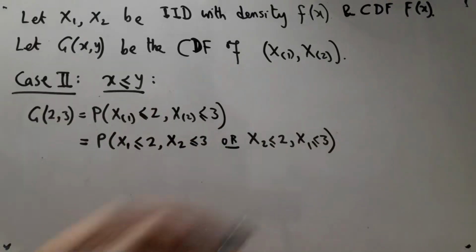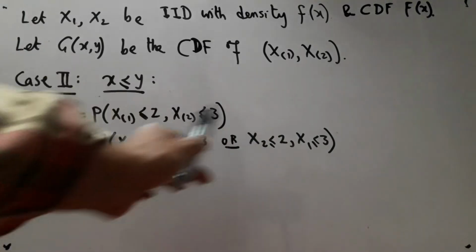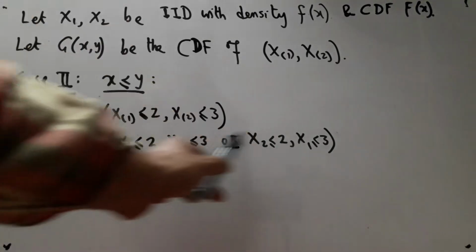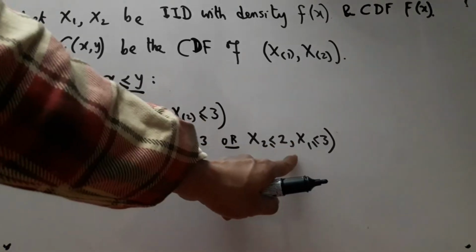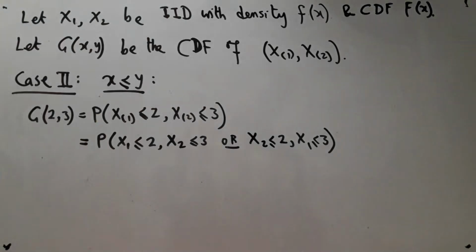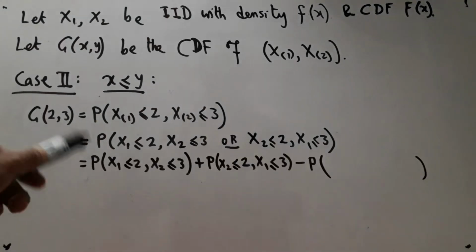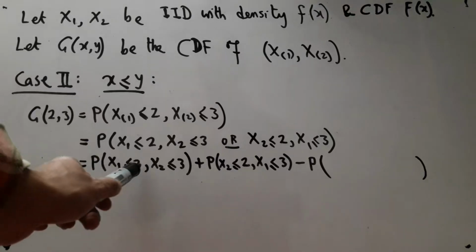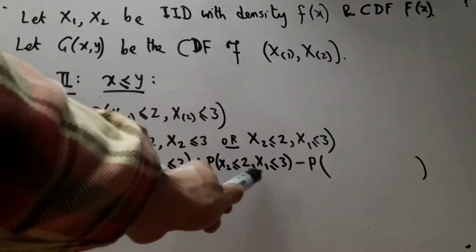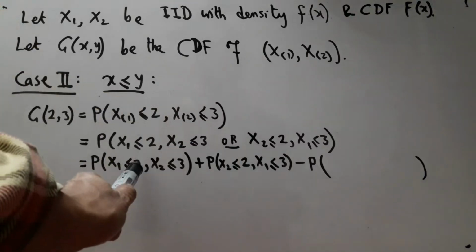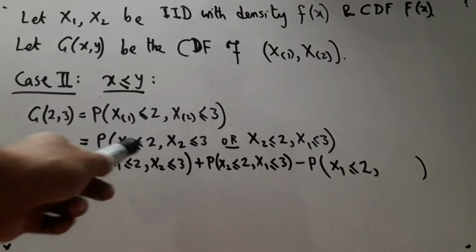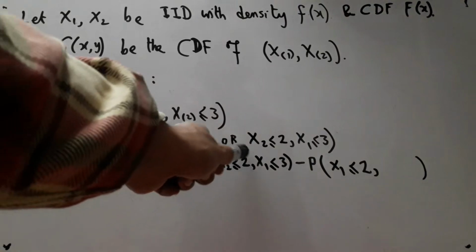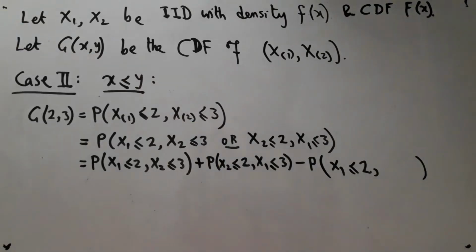Now, these two are not disjoint, so we have to use the inclusion-exclusion principle: probability of this plus probability of this minus the intersection. Let's understand how we get the intersection. X1 less than or equal to 2 and X1 less than or equal to 3, 2 is the smaller, so this is what is going to survive in the intersection. And similarly, for X2 only the minimum of the two will survive.